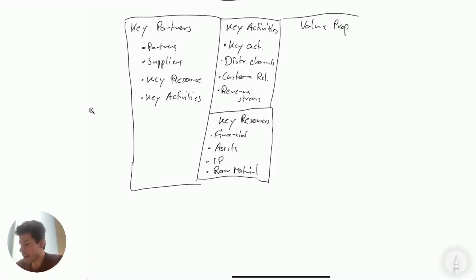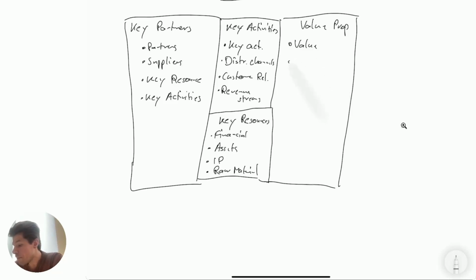Then the mid layer, value propositions, really important. What value do we deliver to our customers? Which one of our customers' problems are we helping to solve? Which customer needs are we satisfying? So this is all about value, customer needs, what problems are we solving?